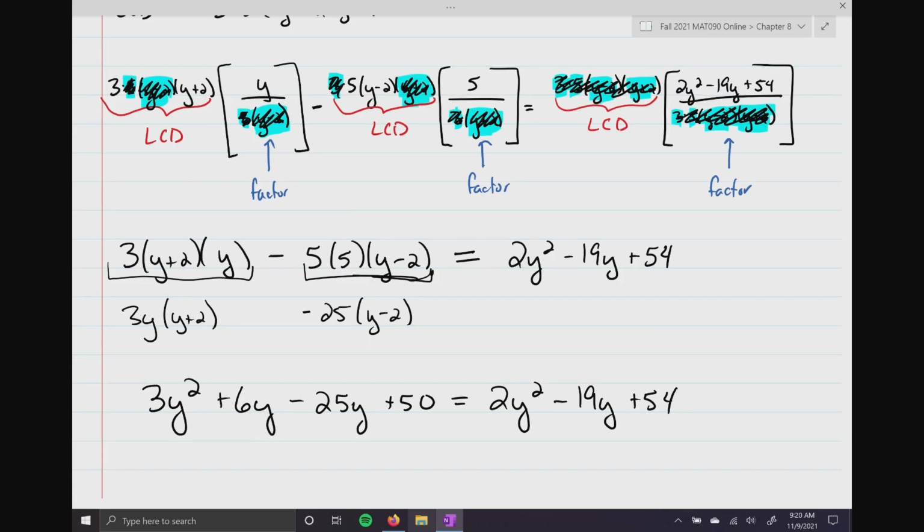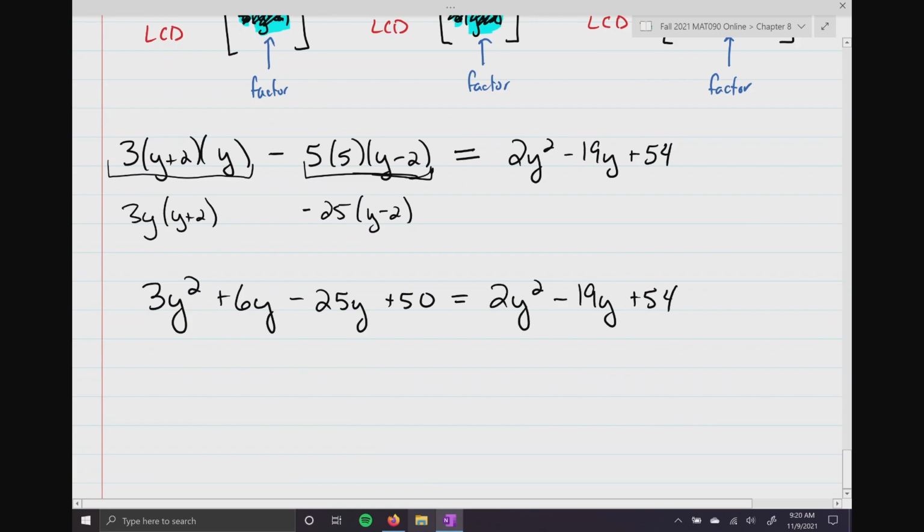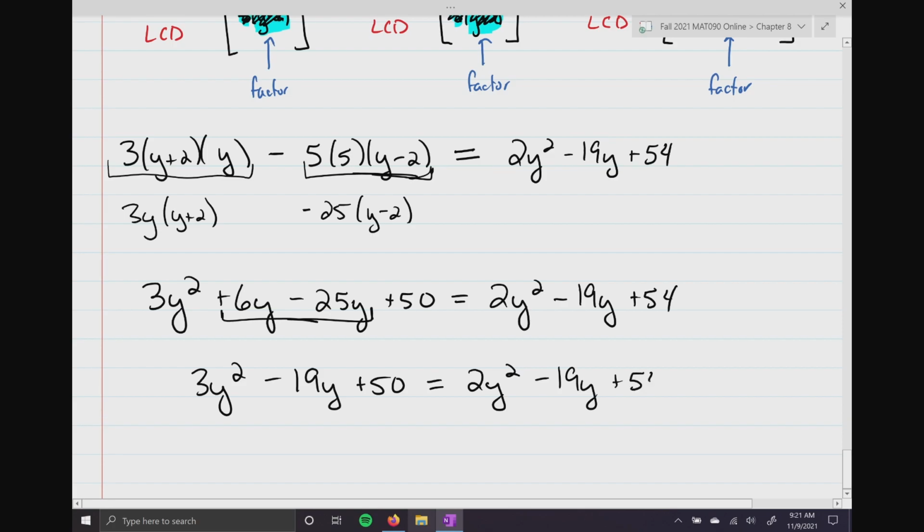Okay? Now I'm going to group any like terms that I have on the left, any like terms on the right. So I can see right here that I can group the 6y minus 25y. So 6 minus 25 is going to be negative 19. So this is going to be 3y squared minus 19y plus 50 equals 2y squared minus 19y plus 54.